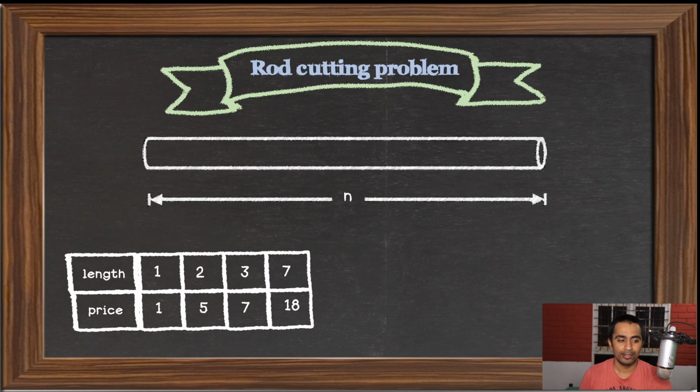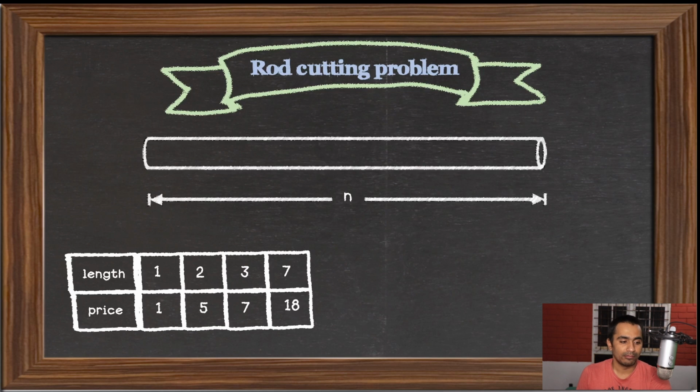Given this chart and a rod of some arbitrary length n, our objective is to find the maximum price that we can get for this rod. Not just the maximum price, but we also want to know how to cut this rod to get that maximum price.